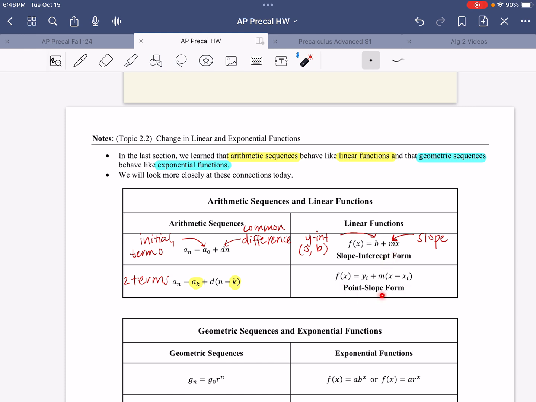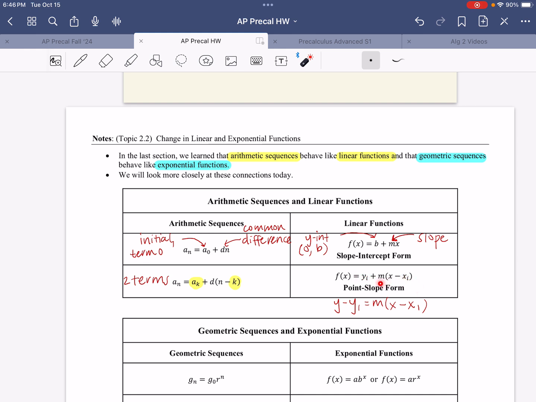And then point slope form, when you did this in Algebra 1, you probably saw it written as y minus y1 equals m times x minus x1. That's how it's typed on the EOC formula chart. But then this is just another way to rewrite that. So it takes the arbitrary point on the graph, x sub i, y sub i.